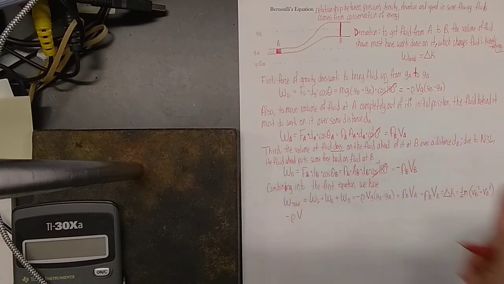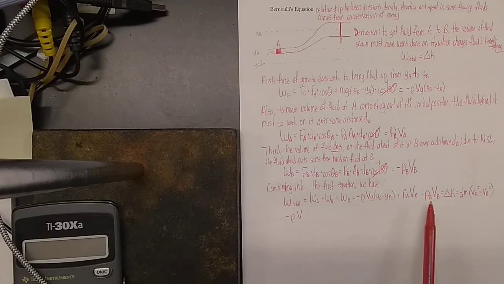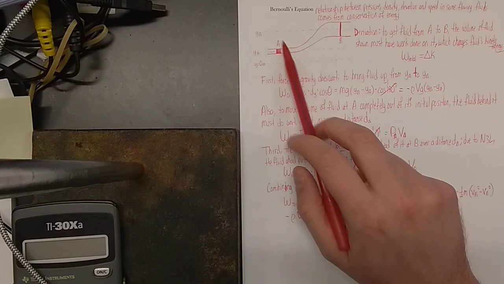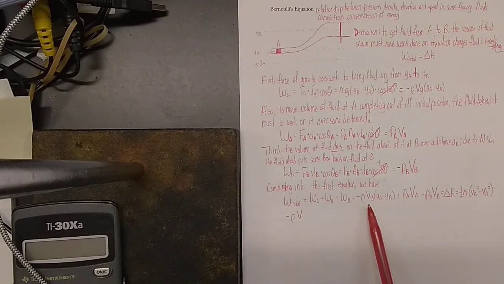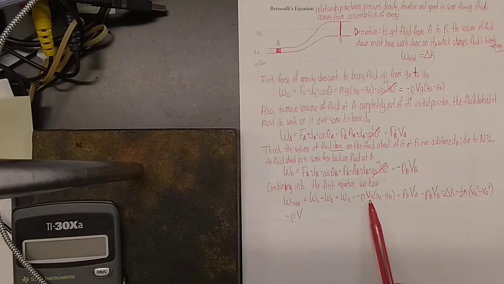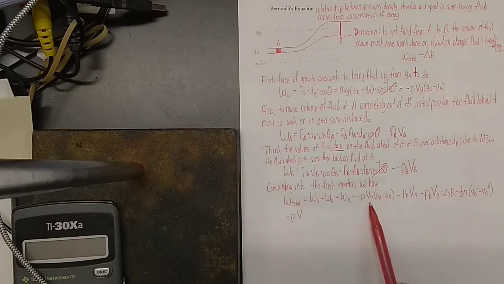Negative rho V. Oh, well, okay, so here's what we're going to do. VA is just the volume at A. VB is the volume at B. We said those are the same. And this volume right here, well, wait a sec. We said that was the volume that we're bringing from here up to here. Well, if A and B are the same, then that volume is the same. So I'm going to get rid of the subscripts on the V's.